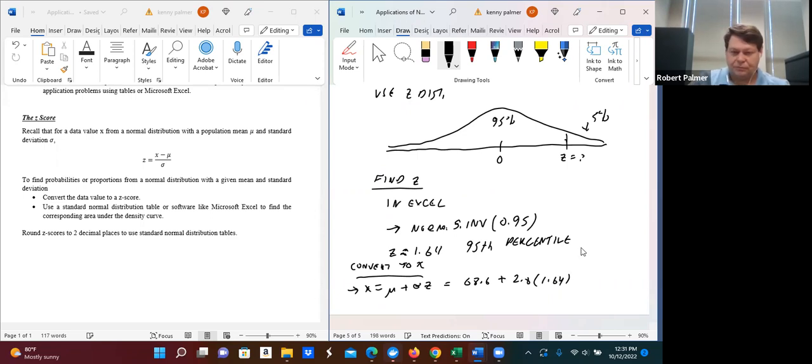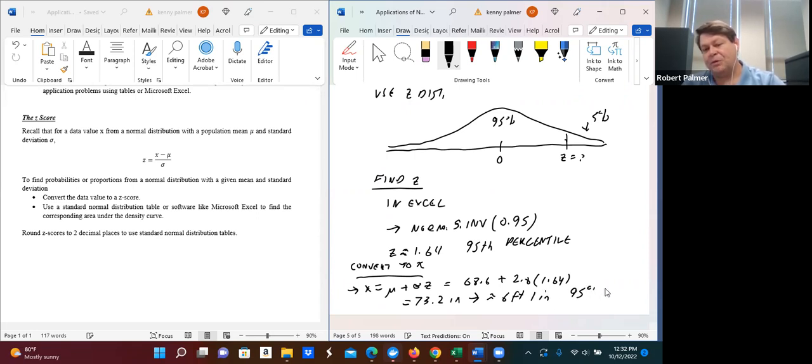Let's do that in the calculator. So 2.8 times 1.64, then plus 68.6. This is equal to 73.2 inches, rounded off. In terms of height, that's approximately 6 feet and a little over 1 inch tall.